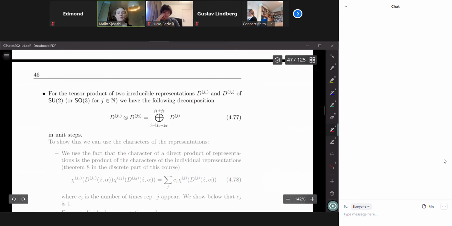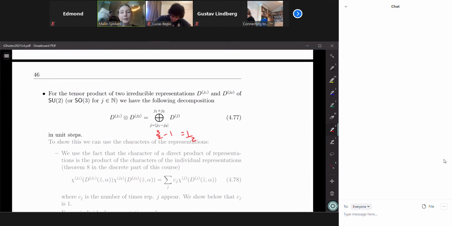In fact, it turns out that if one considers the tensor product of two irreducible representations, D_j1 and D_j2 of SU(2), then we have the decomposition that the tensor product between D_j1 and D_j2 is a direct sum over different representations D_j, where j runs from j1 minus j2. In our case, this was 3/2 minus 1, so it should have run from 1/2, and this is indeed what we found as well.